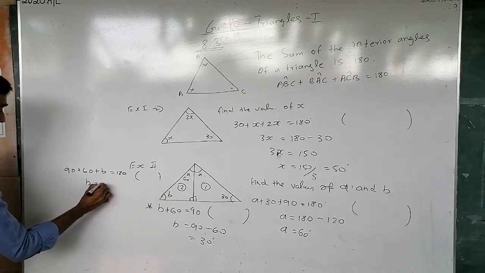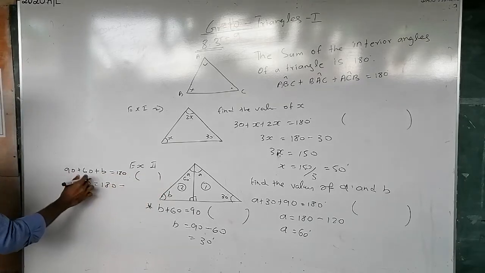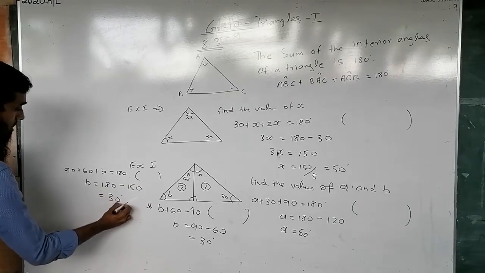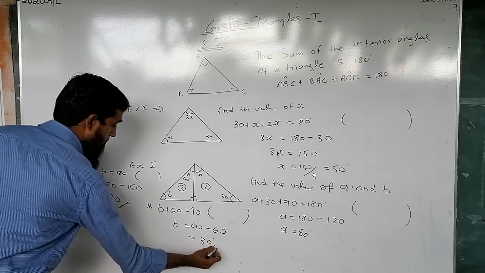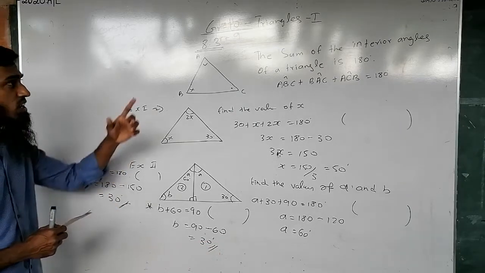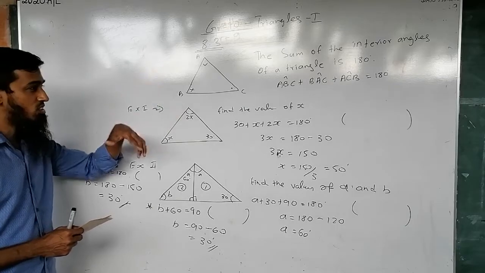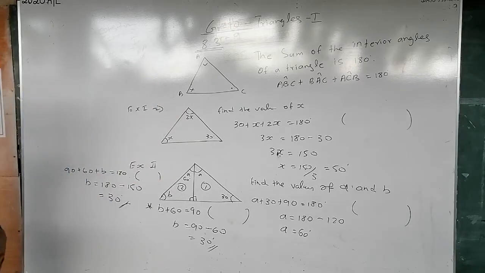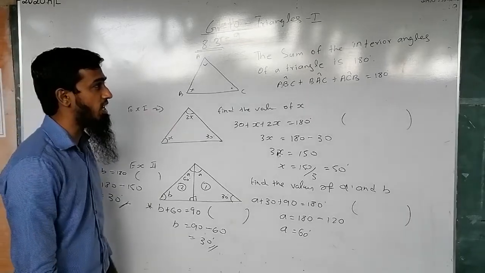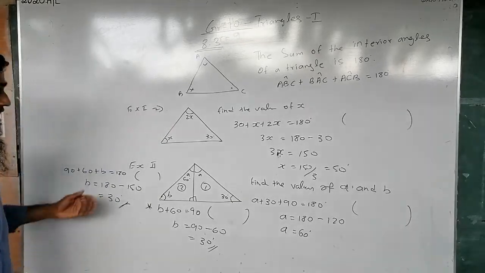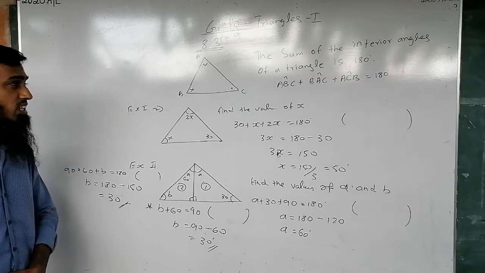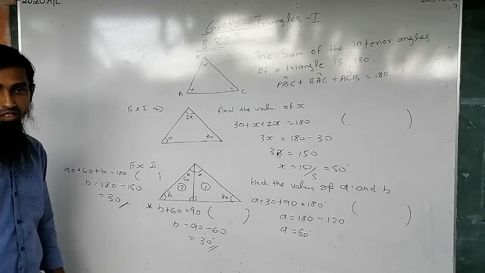So B equals 180 minus 90 plus 60, that is 150, so B is 30. So the B is also the same answer. So we can use both theorems we studied in triangles 1. So now we studied the second part of the theory, the sum of the interior angles is 180. Likewise we have some questions to find the interior angles with this theorem.